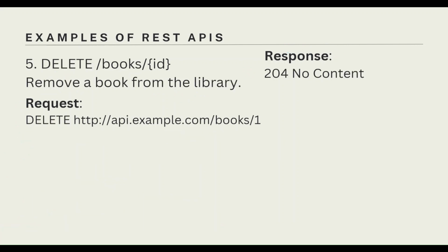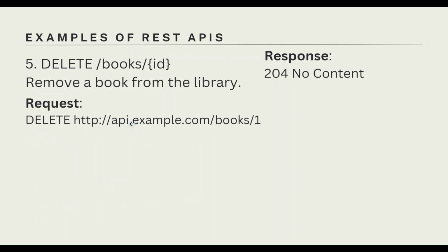Then last one is DELETE mapping. In this we will pass the ID of a book. This is a kind of library where we are doing the CRUD operations. So we are using GET, PUT, POST, and now DELETE. DELETE is used to remove a book from the library, and here you can see the request, http colon slash slash example.com.